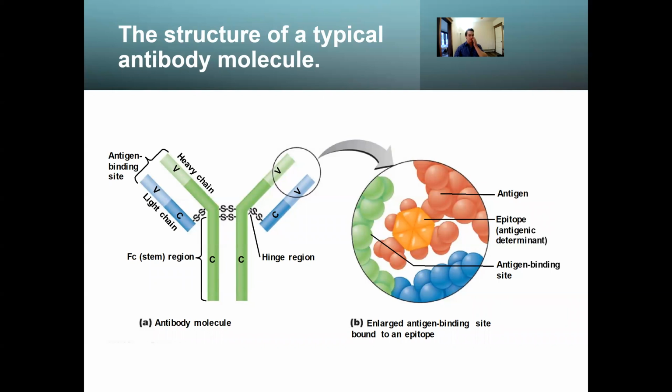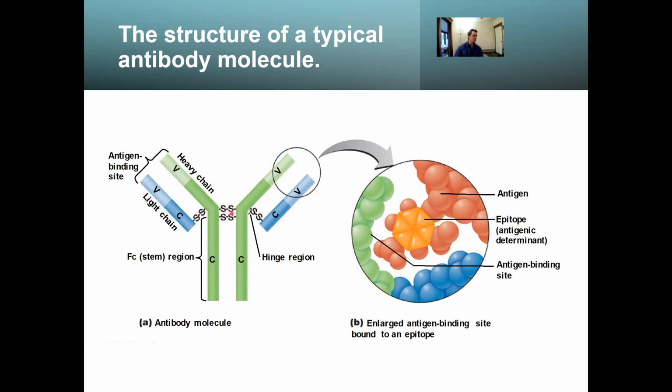A typical antibody monomer has 4 proteins: 2 identical light chains, which you can see in the blue, and 2 identical heavy chains, represented by the top green. Here, light and heavy refer to their relative molecular weights. The chains are joined by disulfide links and other bonds to form a Y-shaped molecule.